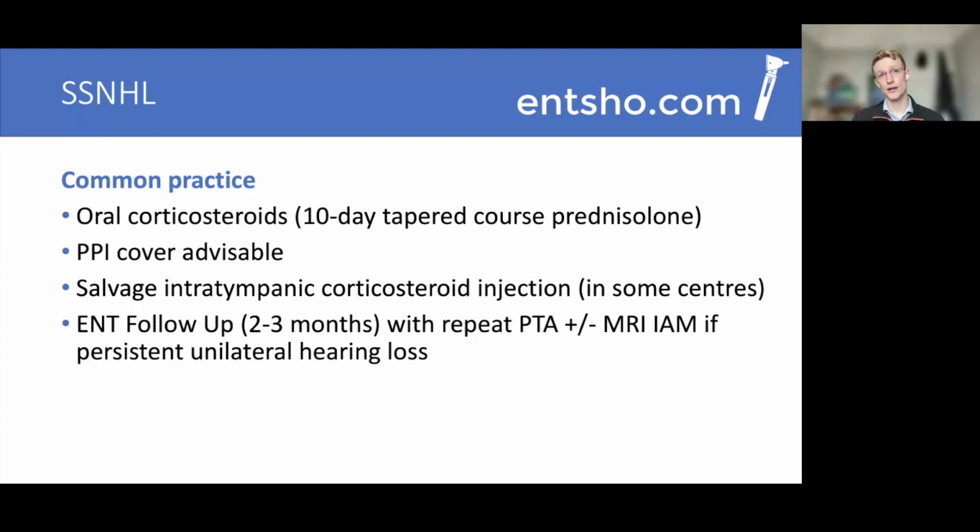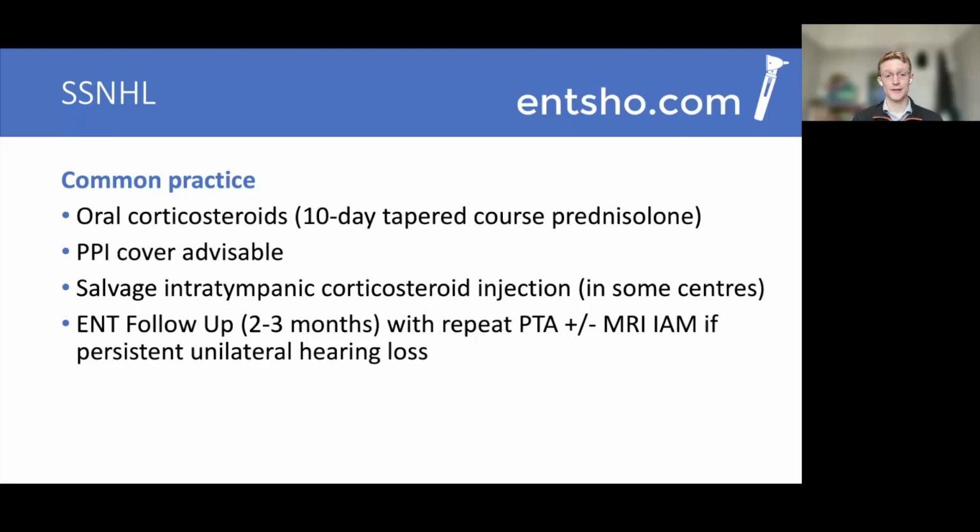If this doesn't work, there is some variation in practice. Some centres will then try salvage intratympanic corticosteroid injections. However, not everywhere does, and the trial evidence is a bit debated on the efficacy of these different interventions.